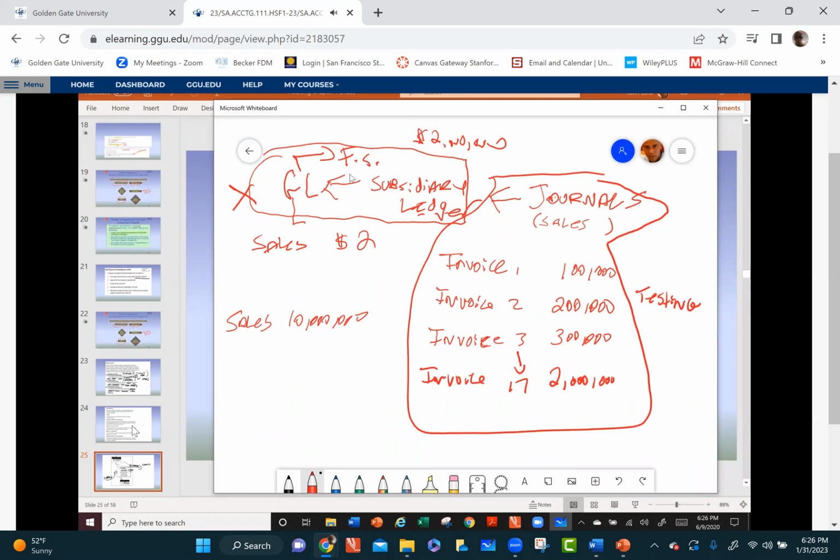If you think the income statement is fairly stated showing sales of 2 million and you're handing me a GL that only says $2 million or $2, whatever, for the sales, I can't even start the audit. So the first thing I'm going to do is reconcile the financial statements to the general ledger to the subsidiary ledger to make sure I'm not dealing with a management that has lost their mind.